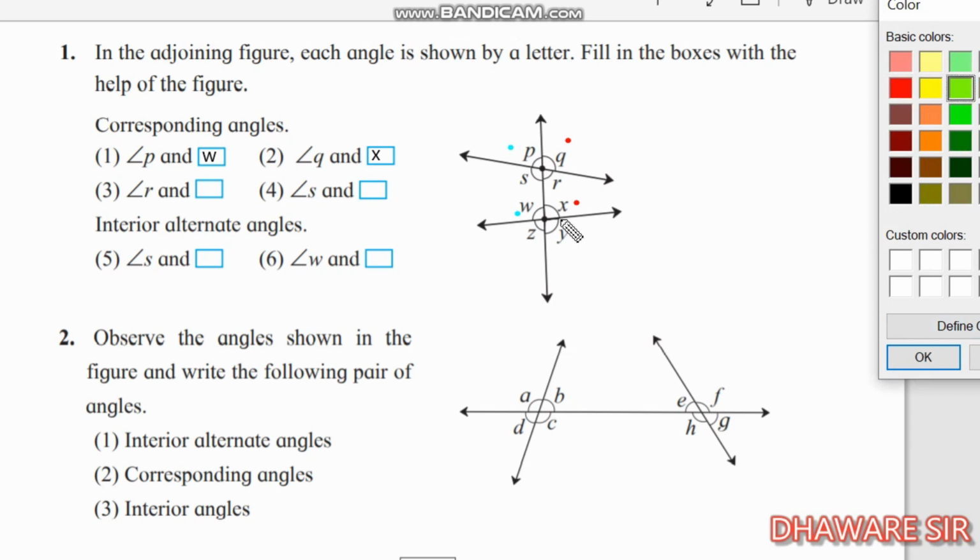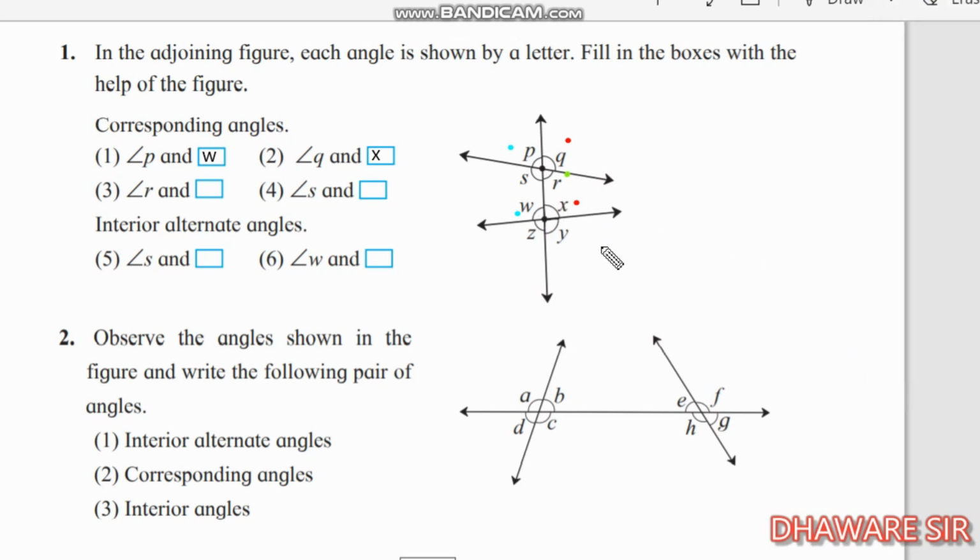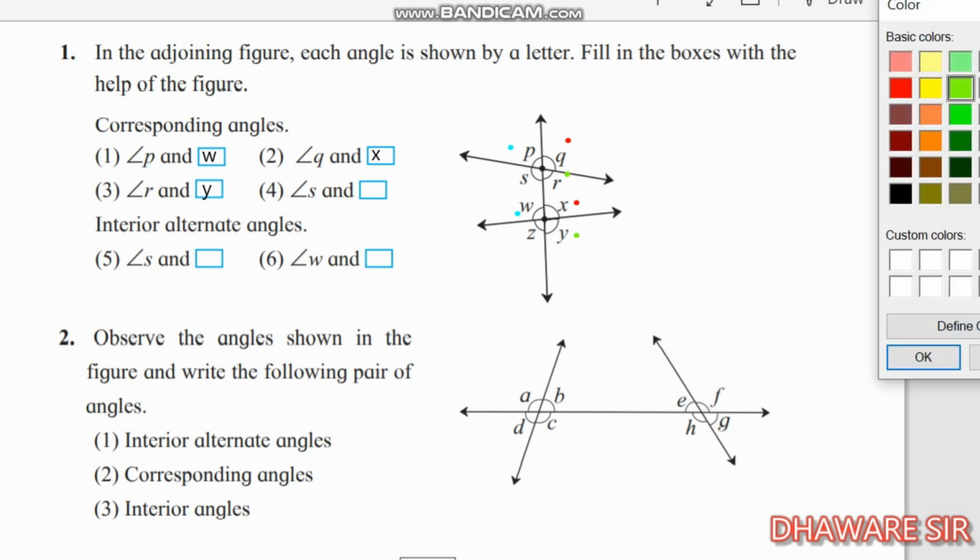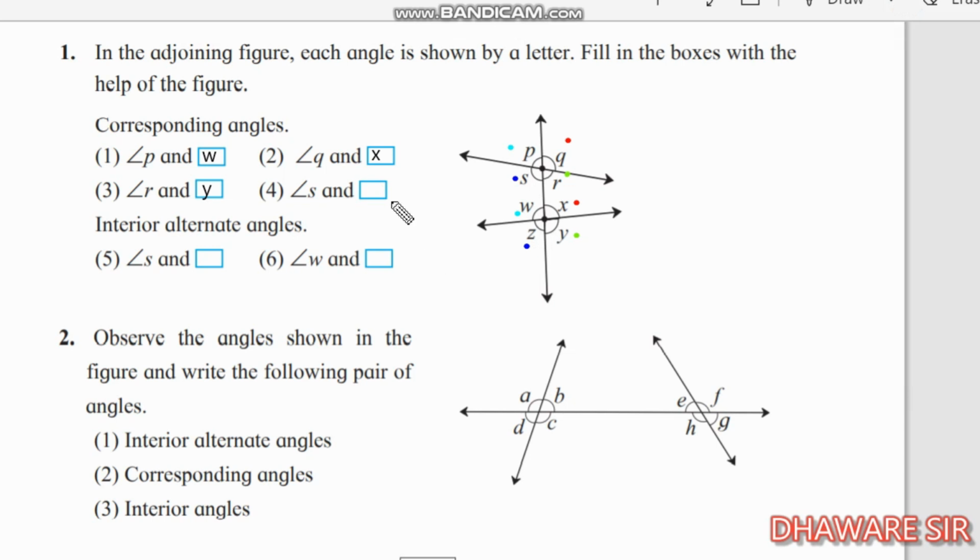So here we are just going to see the R. So the corresponding of angle R is angle Y. So right here, angle Y. Then angle S corresponds to angle Z. So we can write here Z also. So this is the angle Z.